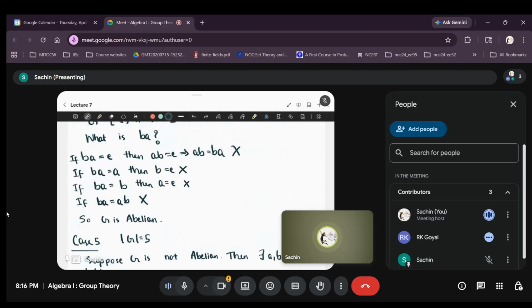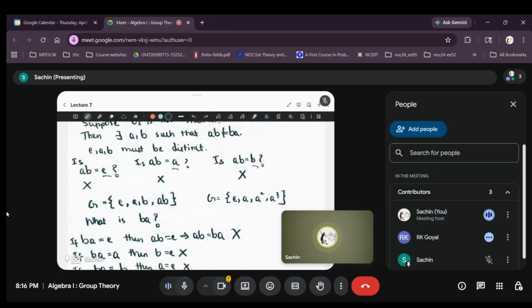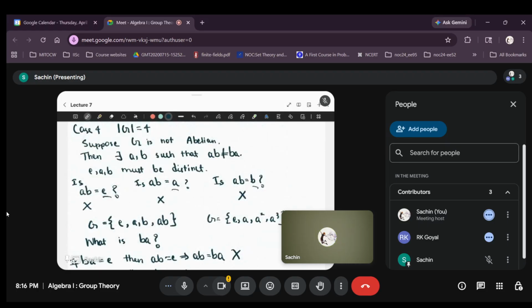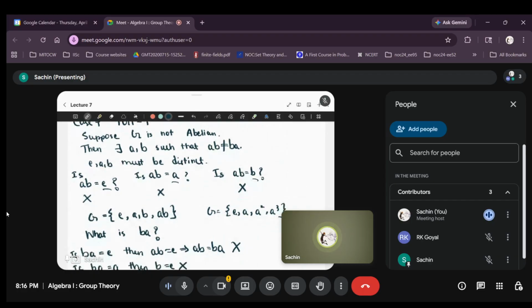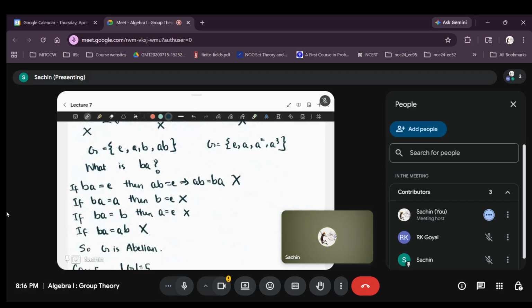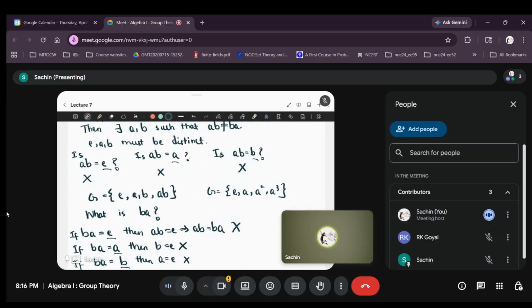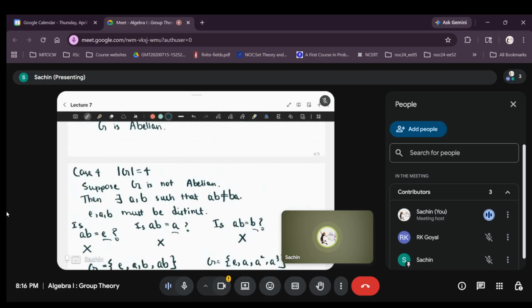And we also saw that forcing AB to be not equal to BA, we had the problem that BA was not equal to E, it was not equal to A, it was not equal to B, and it was not equal to AB. So BA must have been a different element if AB is not equal to BA.